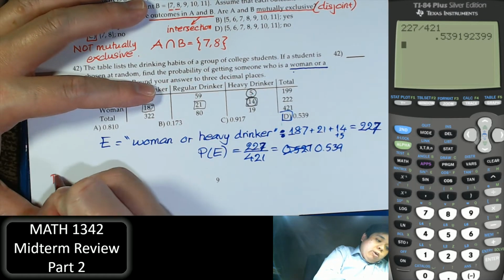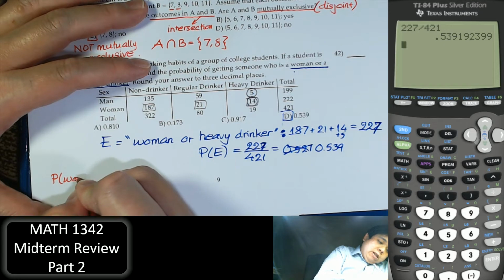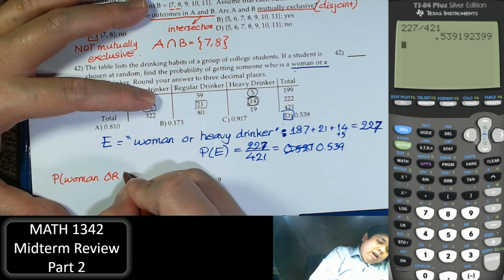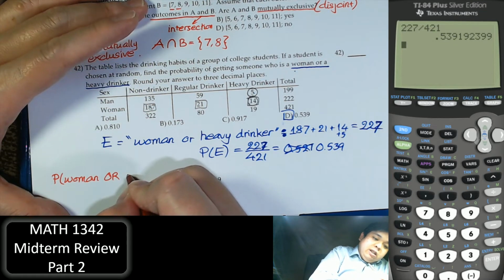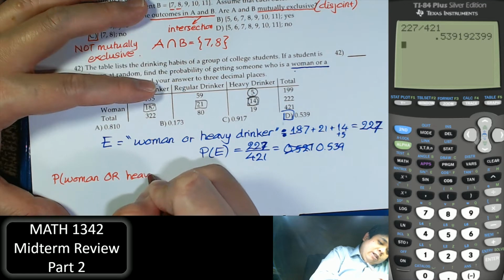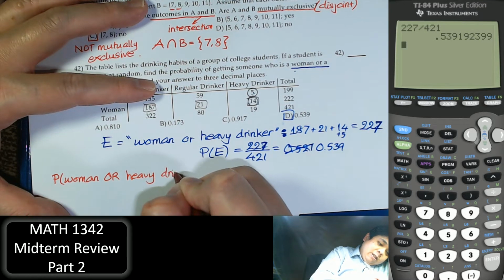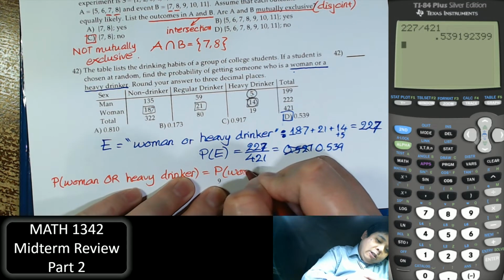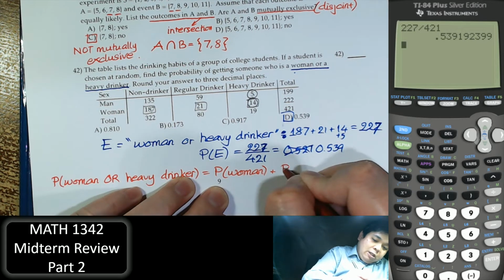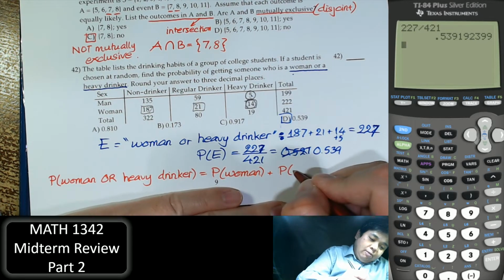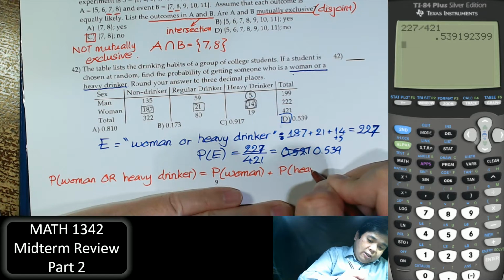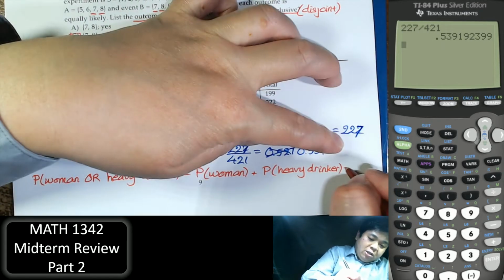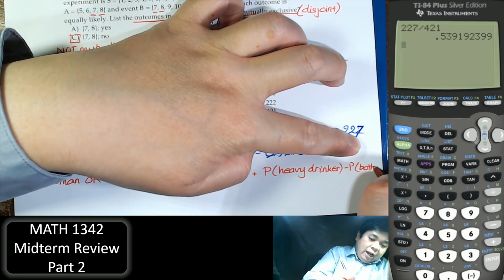So in general, I will write the probability of woman or heavy drinker equal to the probability of woman plus the probability of heavy drinker minus the probability of both woman and heavy drinker.